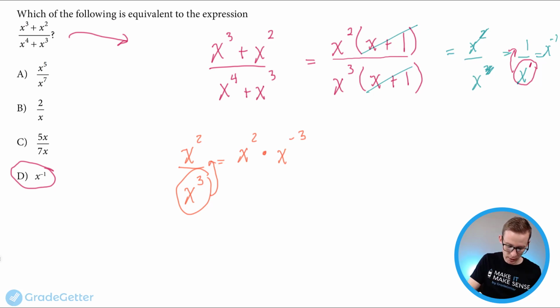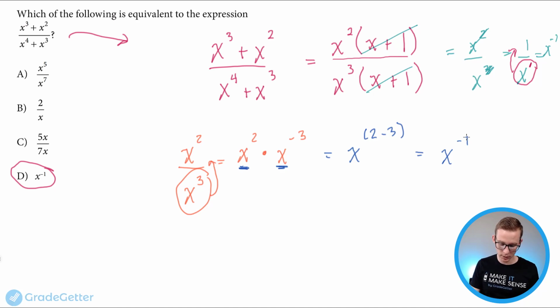Now, to combine these terms, as long as the bases are the same, they both have a base of x, my exponents combine by adding. So this would be x to the 2 minus 3. 2 minus 3 is negative 1, so this would be x to the negative 1, which again was our answer. So this is just a couple different ways to look at this problem and solve it.